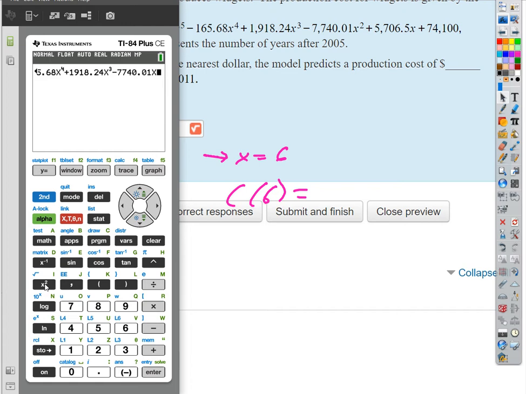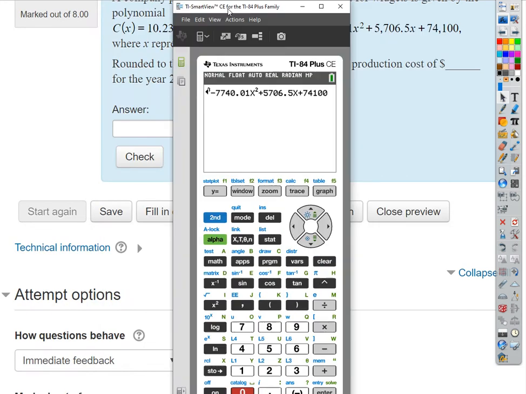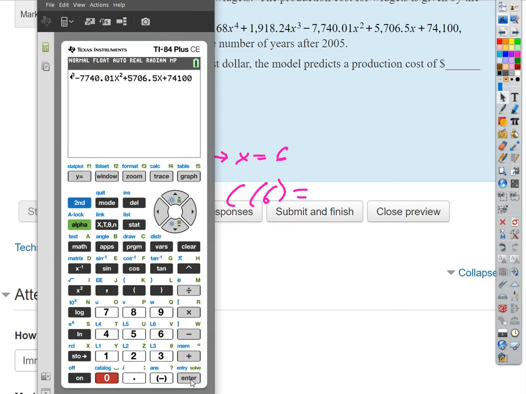There's a squared button that puts it up in the exponent and moves you back down, so it's a little easier. Plus 6.5x, plus 74100, right? Is that it? Yeah. Okay, and I'm just going to hit enter.